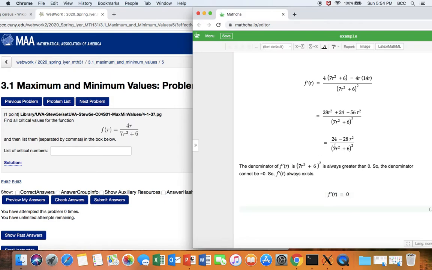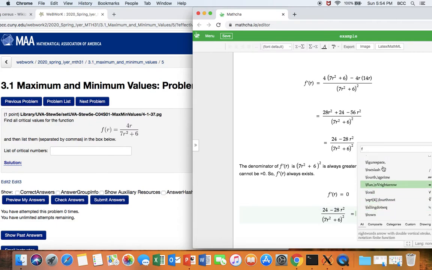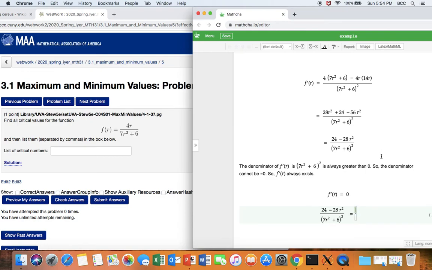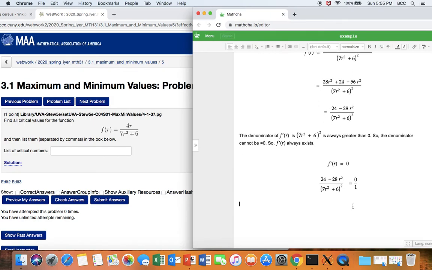I'll take all of this and set it equal to 0. Why don't I write 0 as a fraction? 0 is the same as 0 over 1. Now I can cross multiply. I want to solve for r.